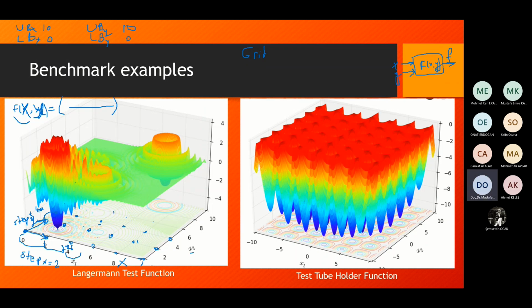In the end, those points in the search space will be equally spaced, sampled where the distances are equal to each other.